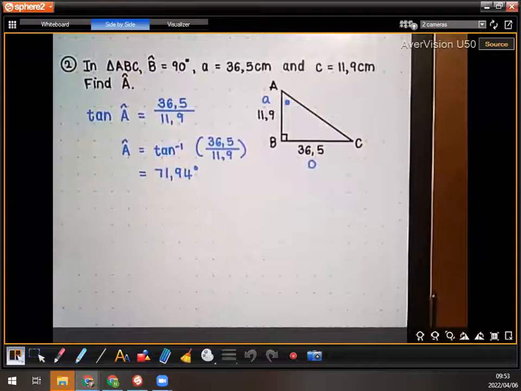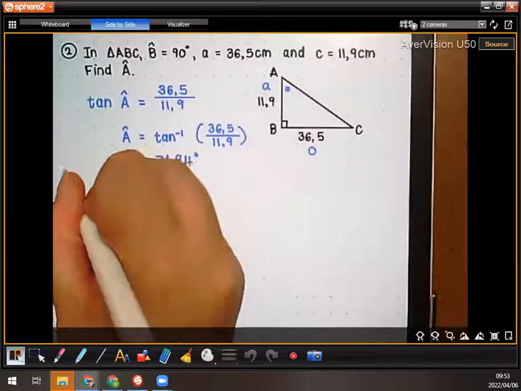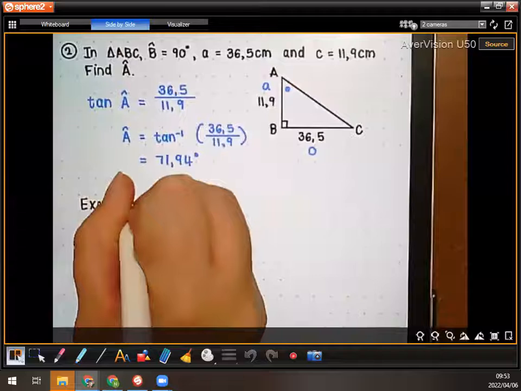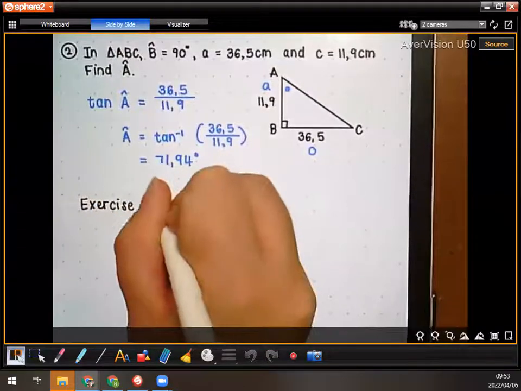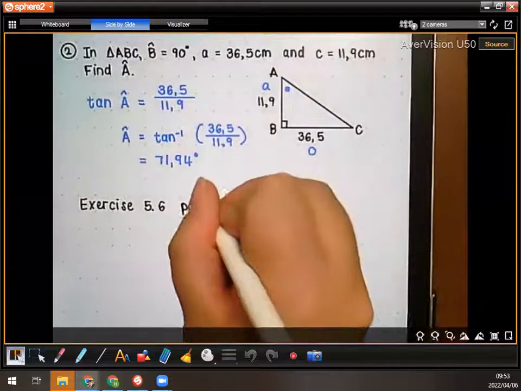Okay, I'm going to give you a few of these to practice on your own, not me. It is in two different exercises, but I'll just give you one from each. So it is exercise 5.6 on page 116.